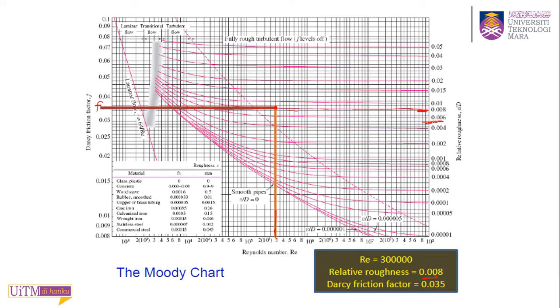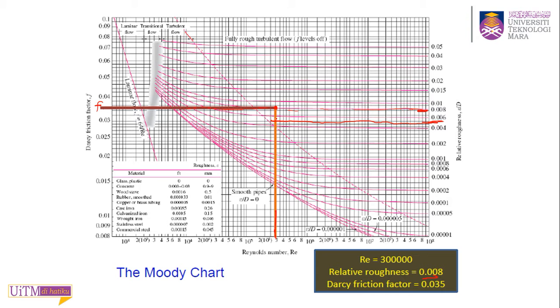So this is 0.005, and you need to draw your own purple line, a straight line, until you reach this dotted line. You can see one dotted line here, can you see that? Yes sir. Okay, what is this dotted line?